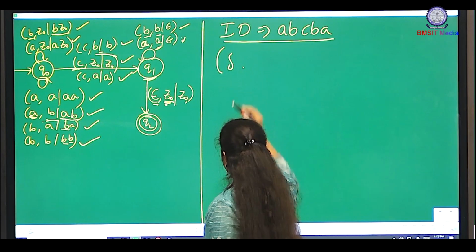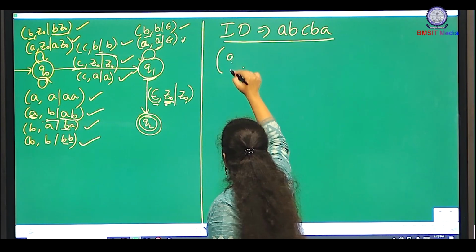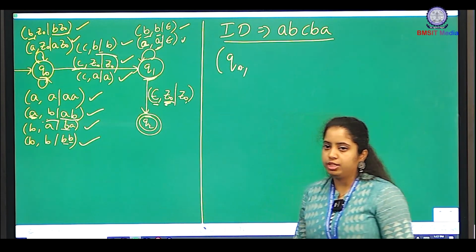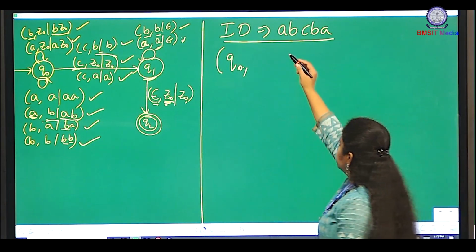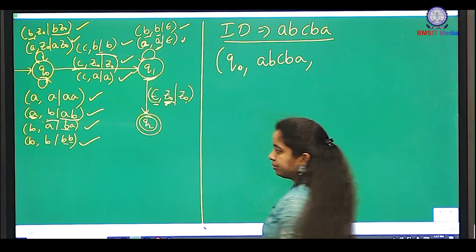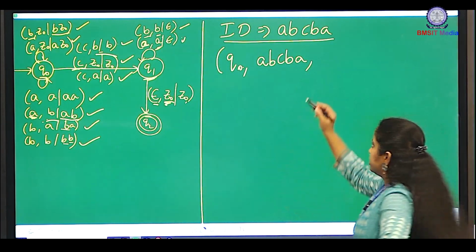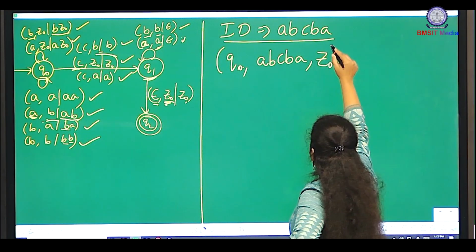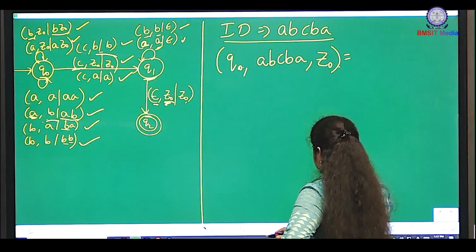So you are starting from the initial state, that is Q naught, and the string is ABCBA, and what is there in the stack? Z naught will be initially in the stack.